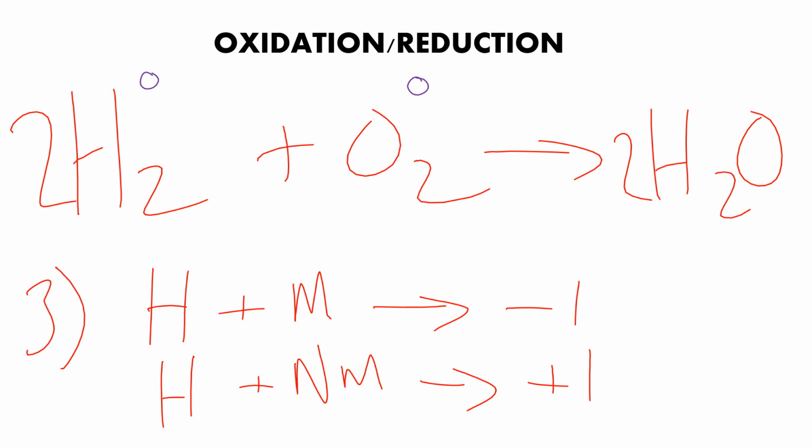So we ask ourselves what's going on with hydrogen in this reaction. Well, it's combined with oxygen, a non-metal, so the oxidation state of the hydrogen must be +1. What about the oxygen? Well, there's 2 hydrogens, each having a +1 oxidation state. That's a total of +2.